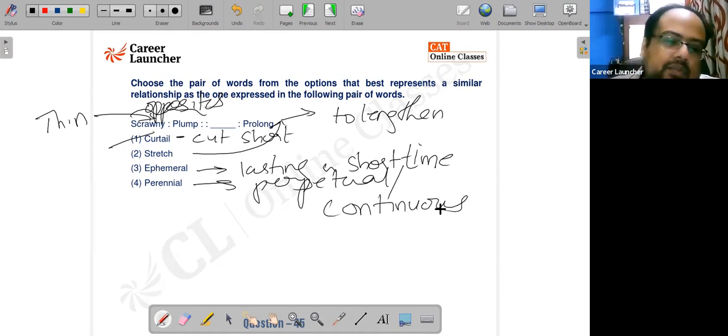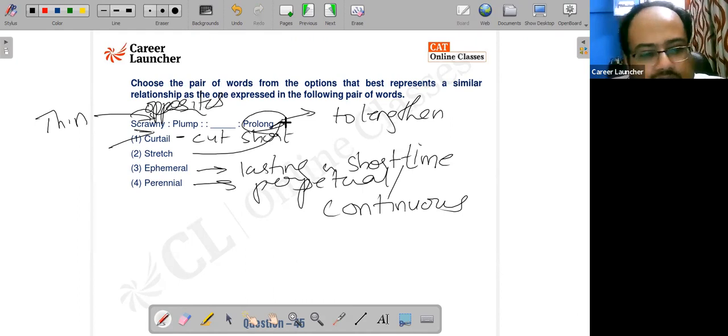So the opposite here is curtail. Ephemeral was close, but prolong is a verb. Curtail is also a verb, whereas ephemeral is an adjective. So both of these were similar parts of speech. So we look for a similar part of speech. The answer is option 1.